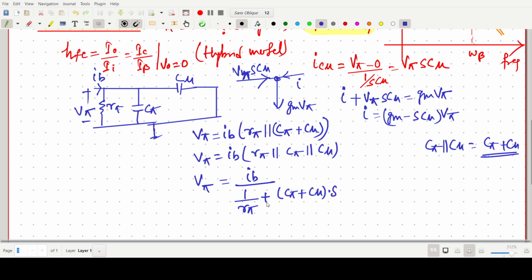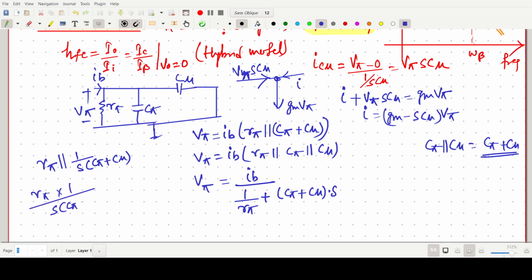So we can easily write this expression, or one can write it in terms of impedance as R pi parallel with 1 by S C pi. There might be confusion, so for that I am just solving this one.